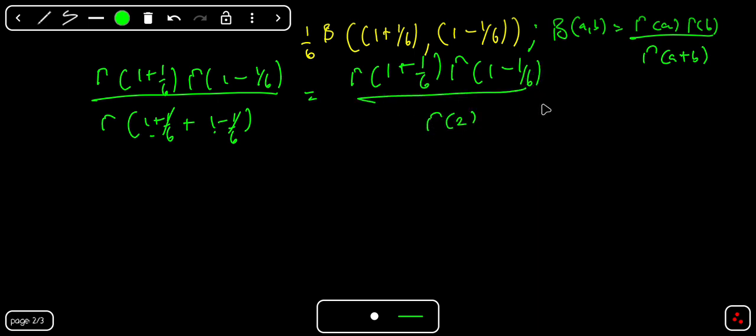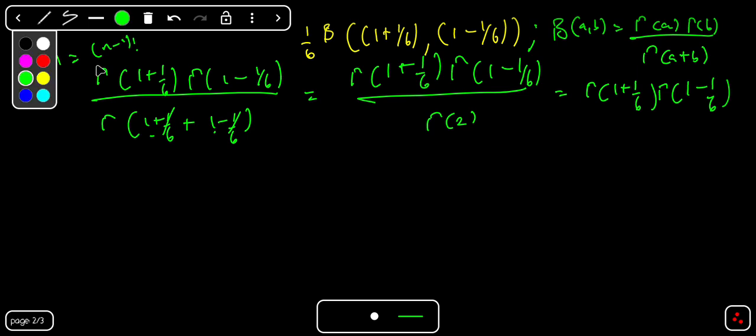We know gamma of 2 will be 2 minus 1 factorial, since by the definition of gamma, gamma of n gives us n minus 1 factorial. So gamma of 2 is 2 minus 1 factorial, which is 1 factorial, which is equal to 1. So what we have now is gamma of 1 plus 1 over 6, multiplied by gamma of 1 minus 1 over 6.